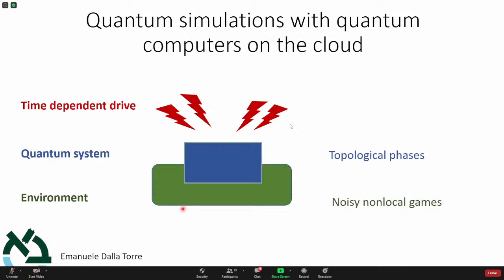So let me just tell you in words what the third project was. The third project was about time-dependent drives, and in particular periodic drives, and it's related to what is known as Floquet engineering. Floquet engineering is an idea of using a Hamiltonian that is time-dependent. In this case, it would be a circuit that is time-dependent in a periodic way.